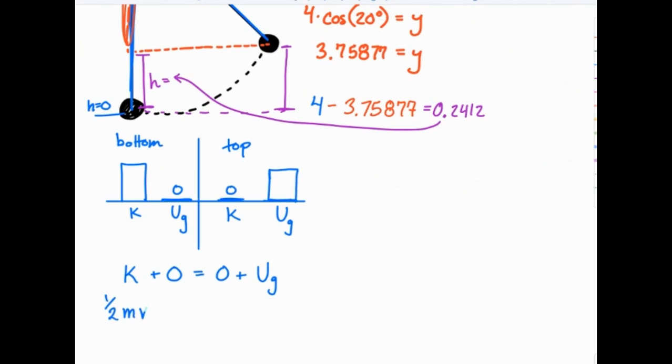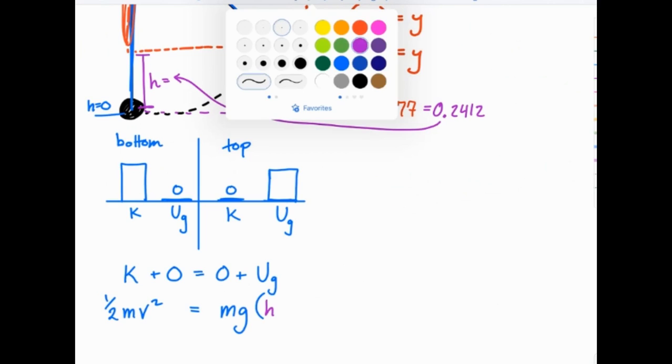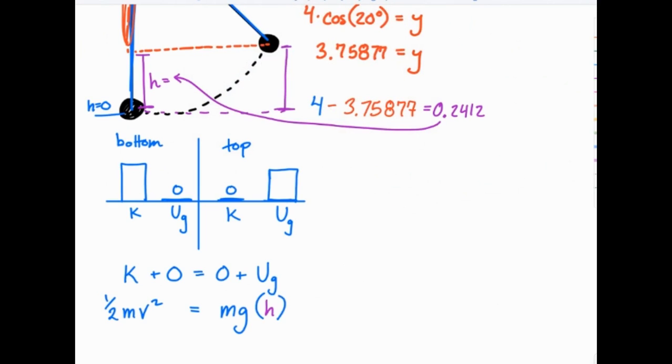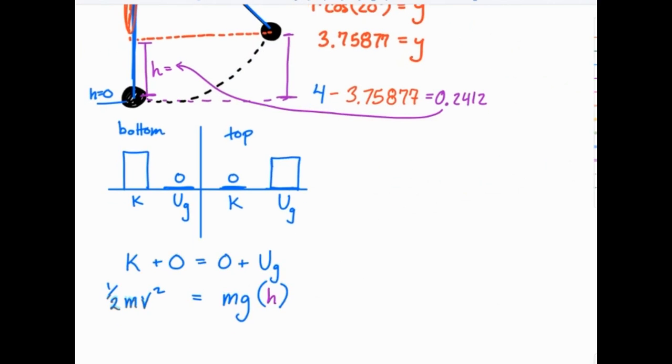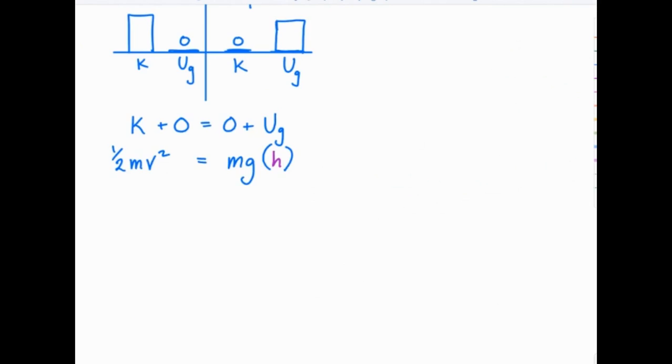So 1/2 mv squared plus 0, I'm going to just leave that out. And then 0, I'm going to leave that out, plus the mg. And on your equation sheet, this is delta y. In this case, though, what I've used is h. So I'm going to go ahead and put an h here so that we don't get confused, because it's going to be how much the height of this changed. All right, so I'm going to go ahead and move this up.